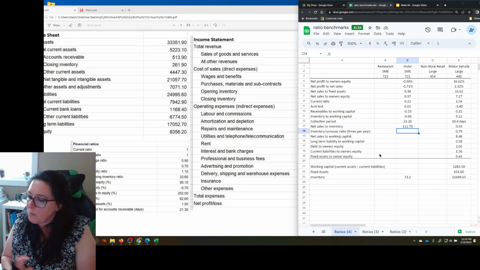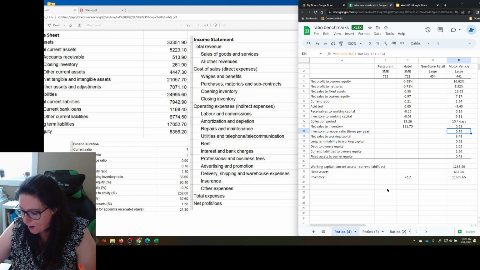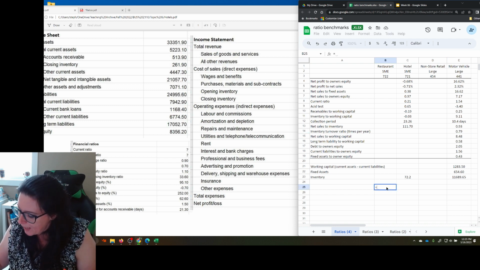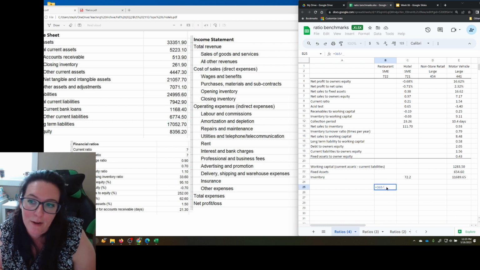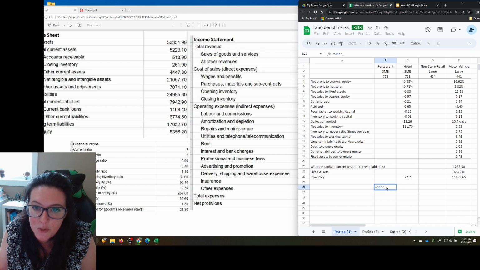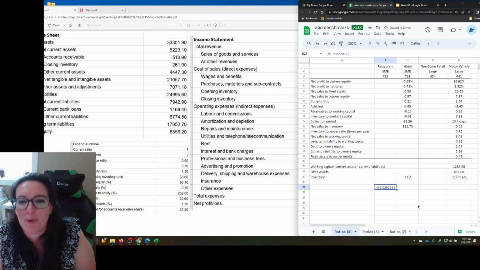If we look at the motor vehicle industry, our inventory turnover ratio here is 0.79. You can take 365 divided by that, assuming that automobile manufacturing and sales is open 365 days in a year, and what you get is a problem.